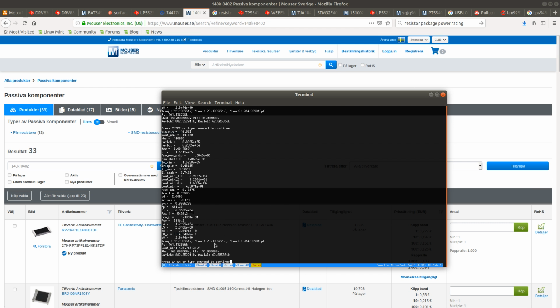No, it's 420 microfarads. Wow. I was a bit surprised it would be that many. That's a large capacitor.